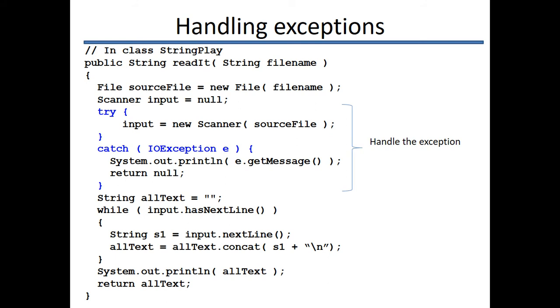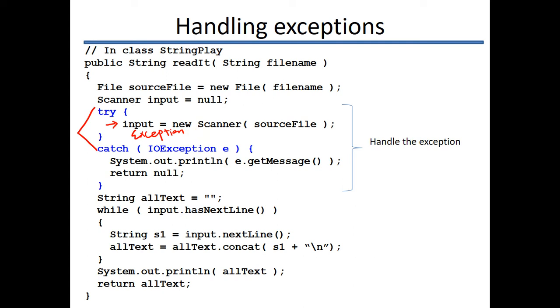Another way to be more graceful is to say, let me try to take care of it in here. If you look at this try-catch block, it is trying to say, let's try this statement. In other words, this statement might give you an exception. So there is a risk that this line, which will link a file object to a scanner, will give you the exception.